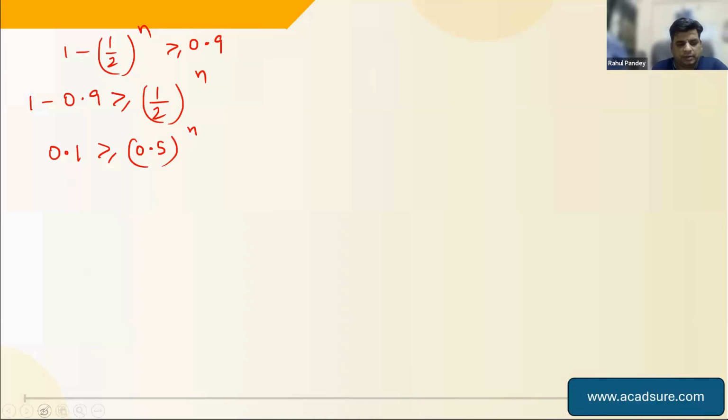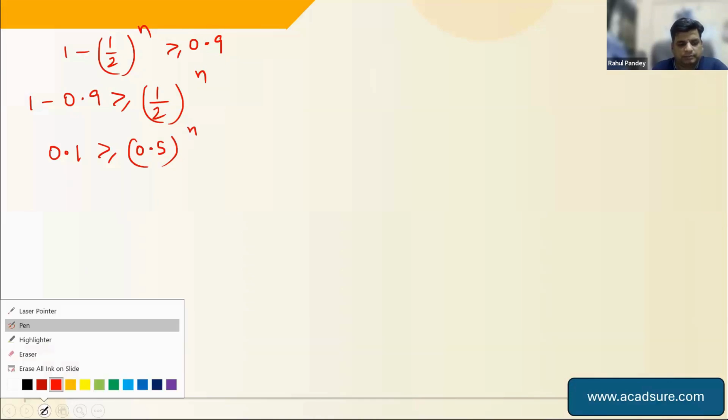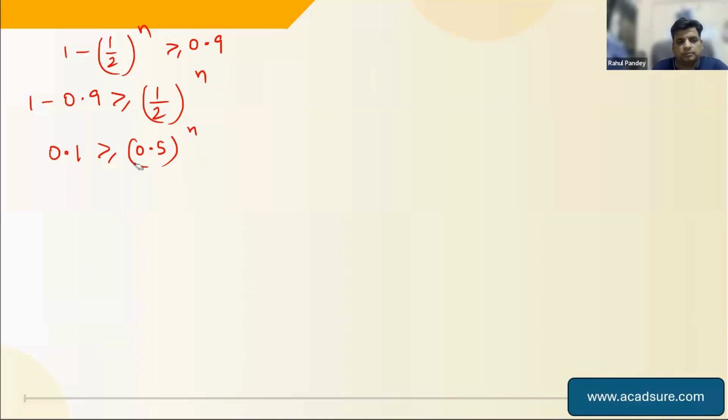Let's keep it half only. So it will be 1 by 10 is more than or equal to 1 by 2 power n, or in cross multiplication, 2 power n should be more than or equal to 10.